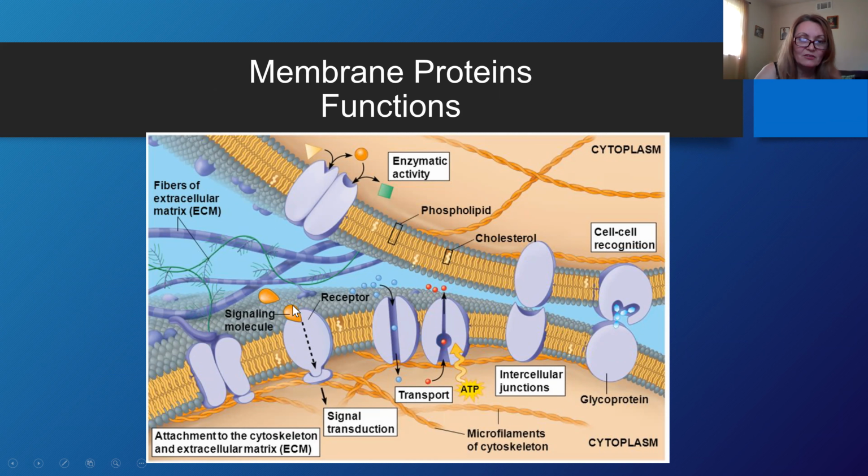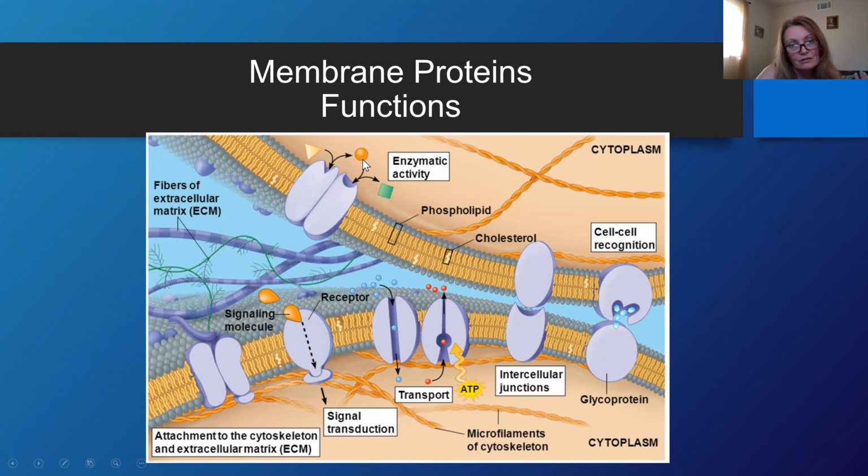Also, proteins can be enzymes, right? So it shows over here that reactants attached to the active site of the enzyme, and those proteins catalyze the reaction, either synthesizing or breaking down molecules, right?